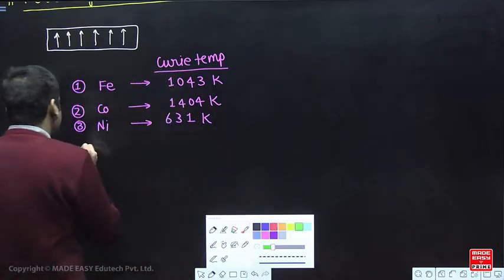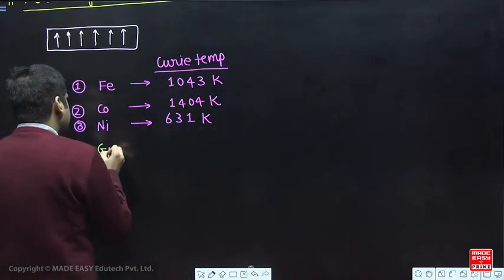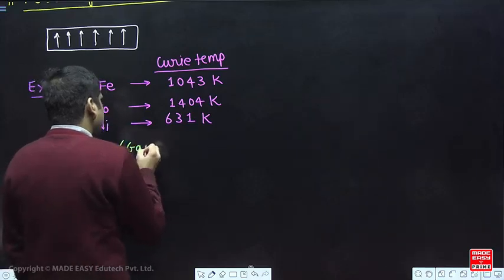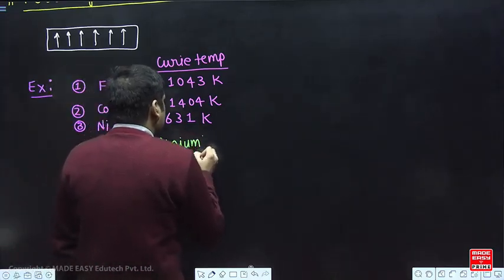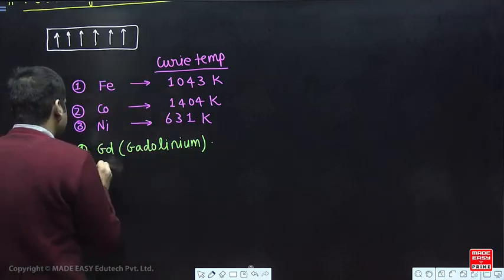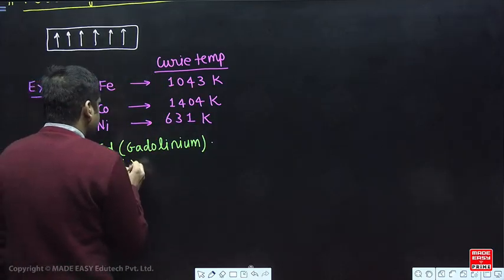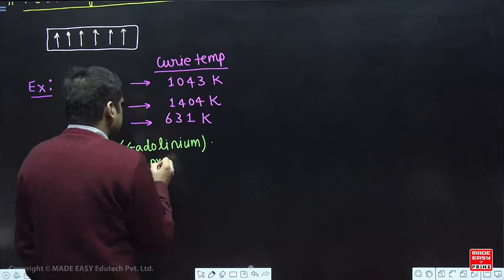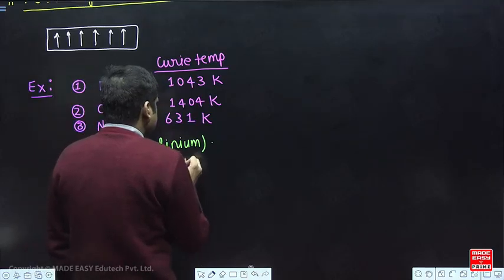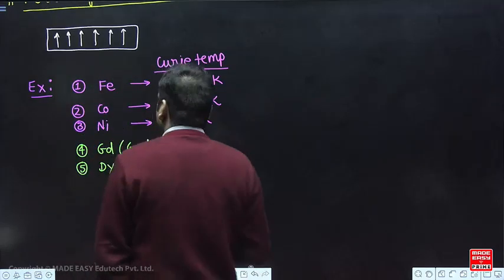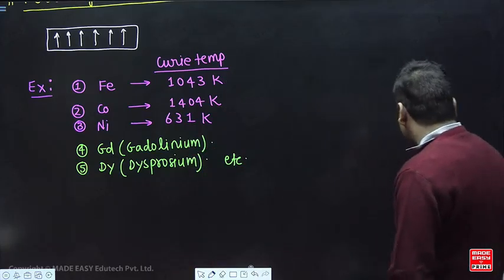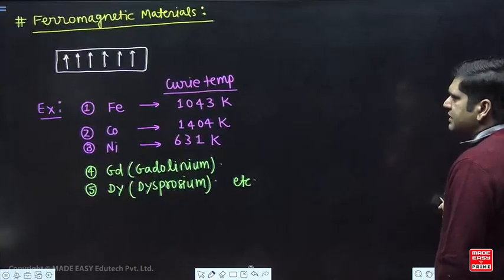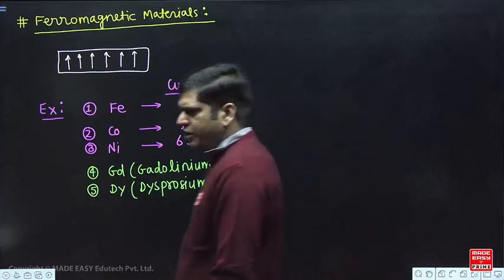The remaining you can name only, like Gd, gadolinium, which is also a ferromagnetic material, and Dy, dysprosium. These are all examples of ferromagnetic material. There can be several other ferromagnetic materials also. Please note down these examples, then I will be dictating a few points.